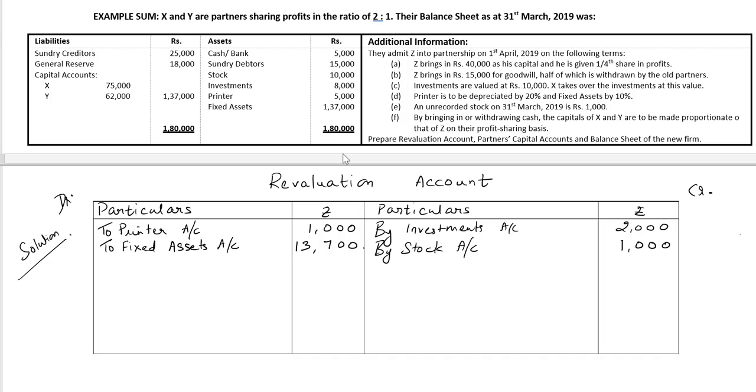Point F is about the adjustment of capitals. So we have the total of the credit side coming to 3,000 rupees and the total of the debit side coming to 14,700 rupees. The greater total on both sides, 14,700 rupees.